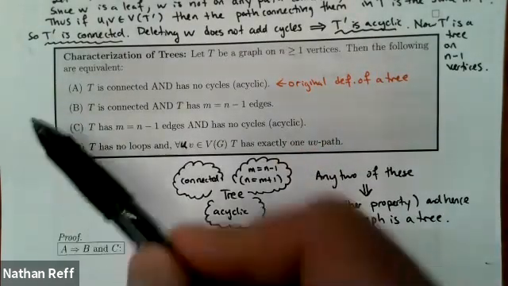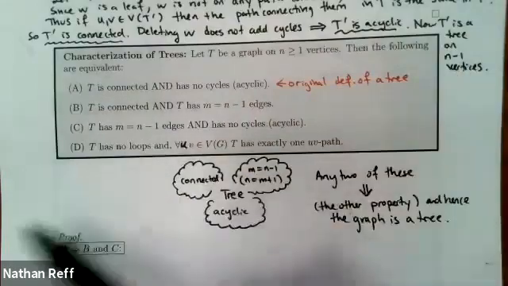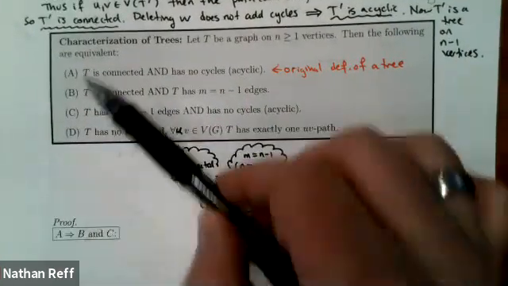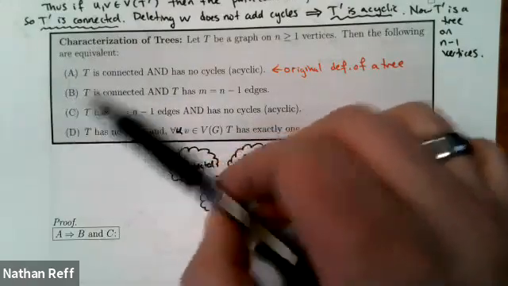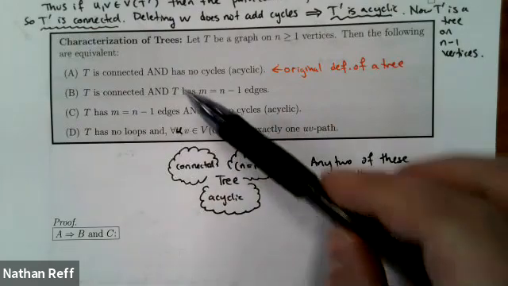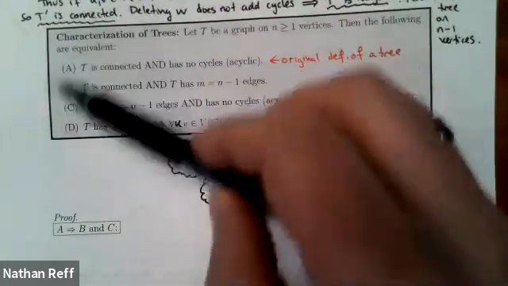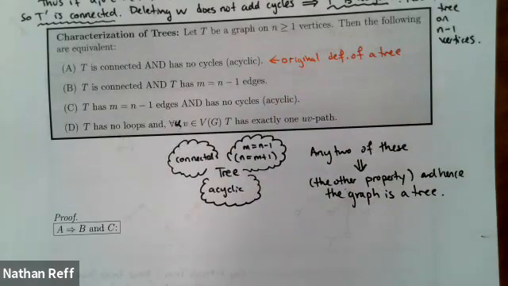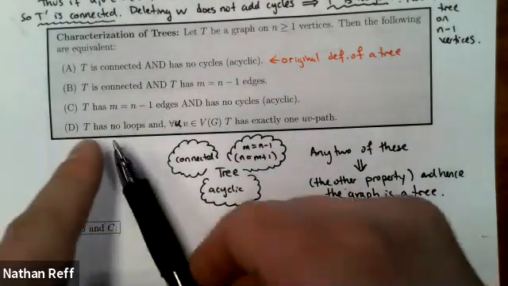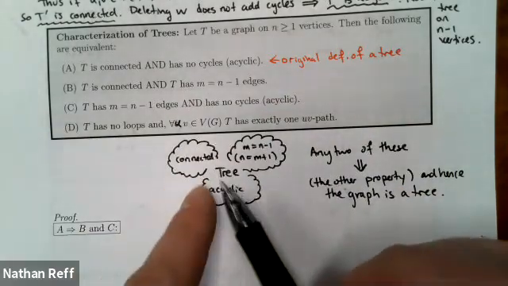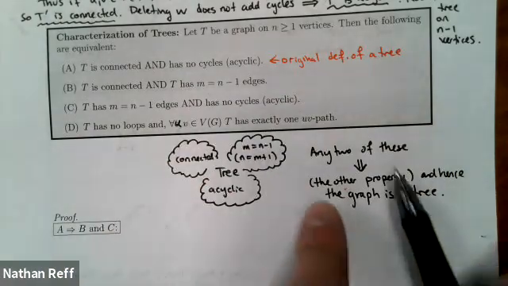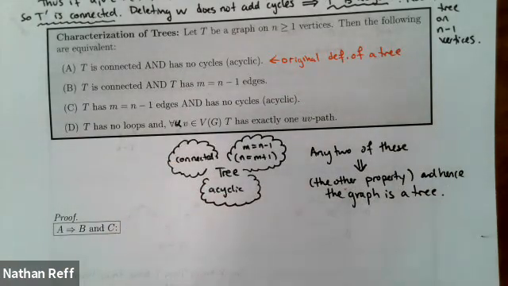Sometimes the strategy is you do a cycle of arguments here, but I think it's more useful for you to see that these three are essential. These are the three that you're going to be using most of the time anyway. This fourth one is just a free one that you get. Okay. And of course, what I just drew here does not even include the argument for D in it. A, B, and C are saying this. Any two of these implies the other.